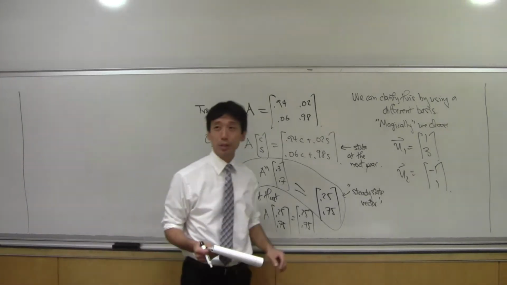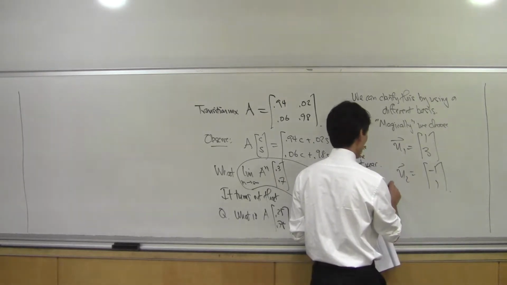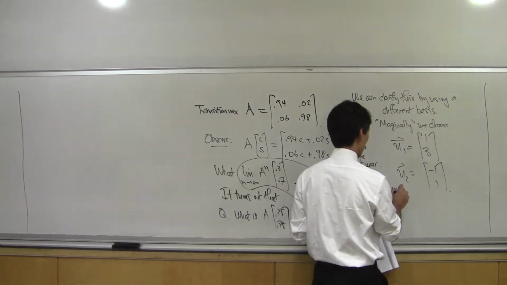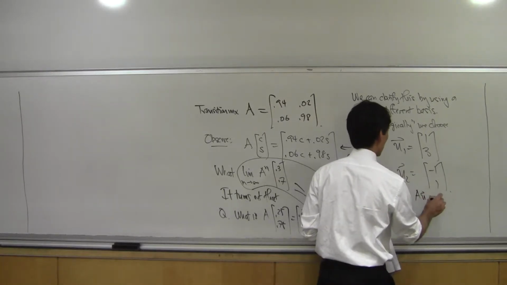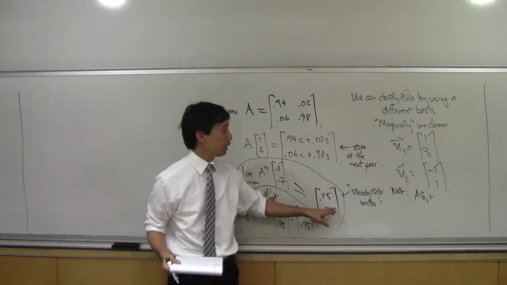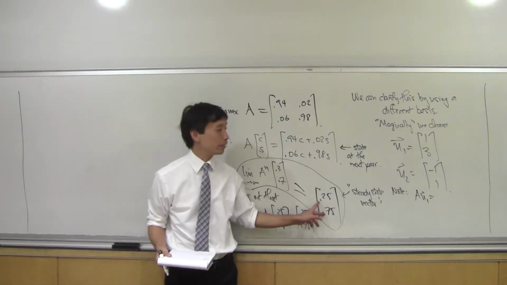We choose these two vectors, and the reason is the following. Notice that A times U1, well, this U1 is 4 times the steady state vector.